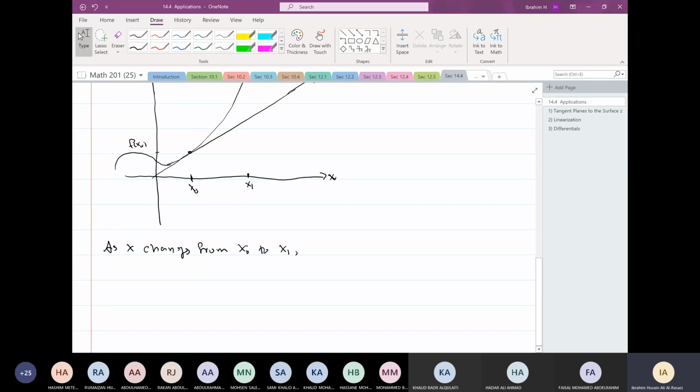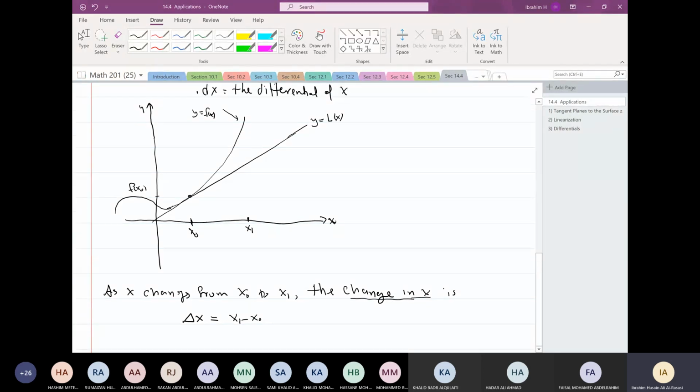The change in x: just recall the notation, for change in x we use delta x, delta for the change. What is the change in x? It is x final minus x initial, so it will be x1 minus x0. This is the change in x.